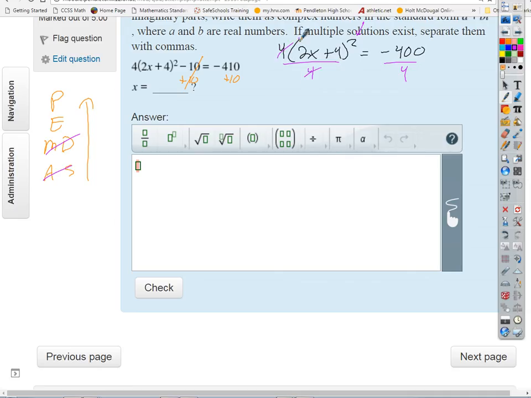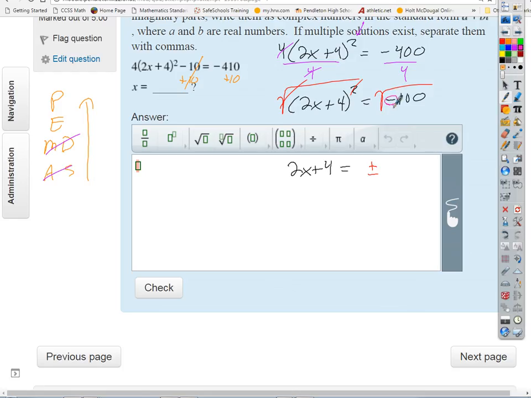And so that leaves us with the quantity 2x plus 4 squared equals negative 100. We'll square root both sides to undo the squared. So that gives us 2x plus 4 equals plus or minus the square root of negative 100.